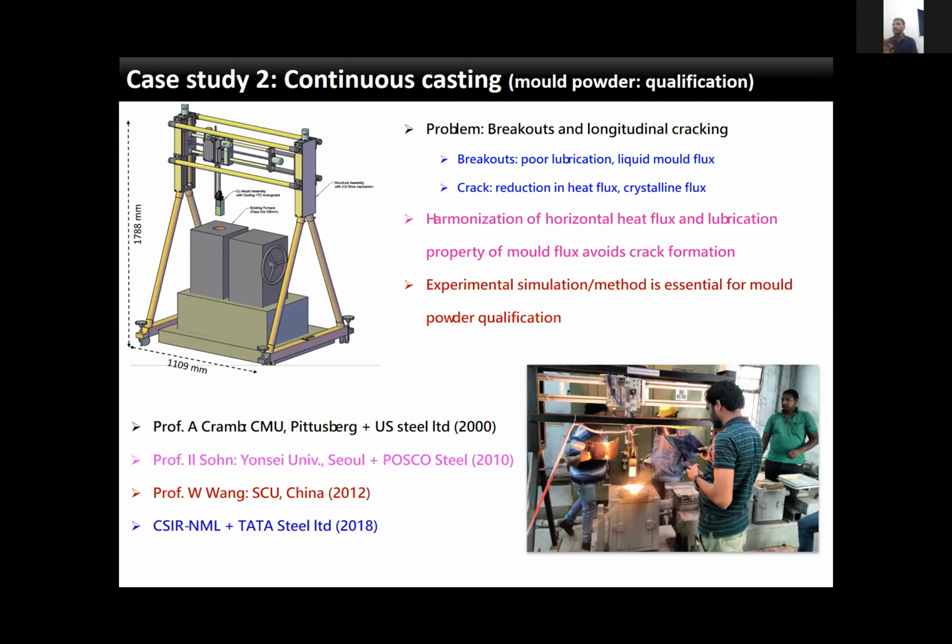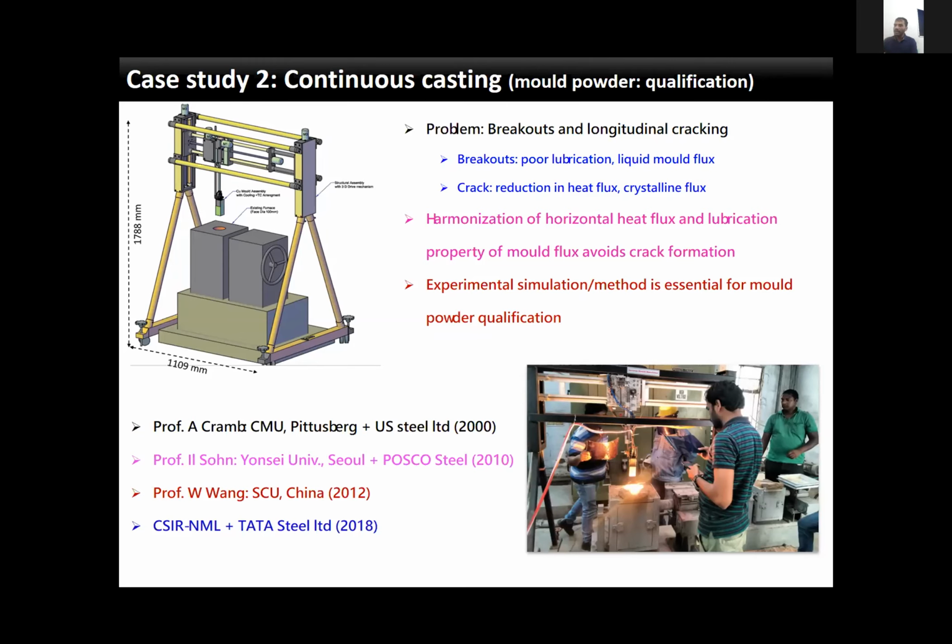Any new grade you want to envisage in your plant, you should ensure its castability. Professor Il Sohn started his research by 2010 by setting up this setup, and in 2012 POSCO released a commercial trial for a lightweight steel. So the events can be related: the research and published literature are around 2010 and 2011, and the commercial trial happened in 2012.